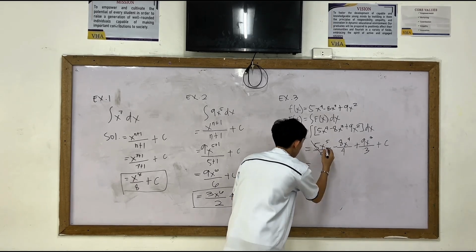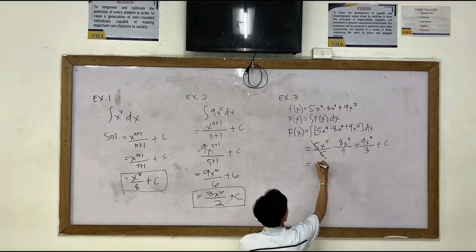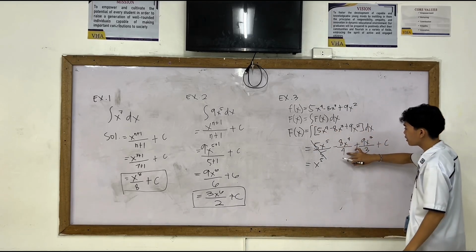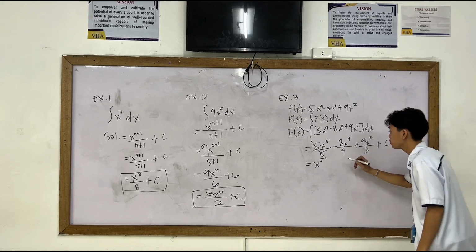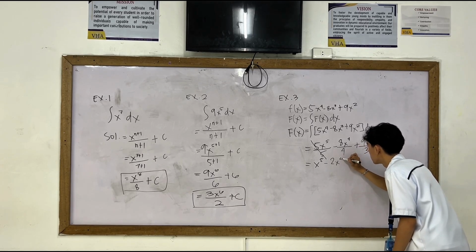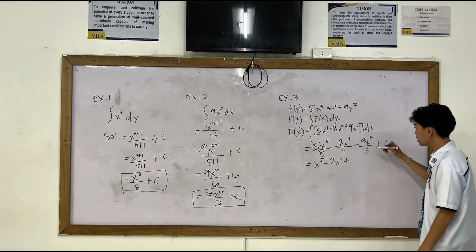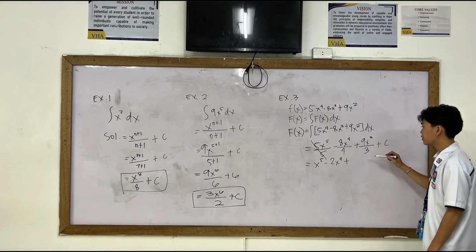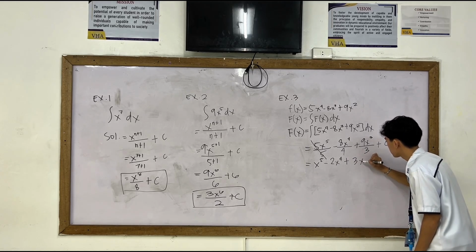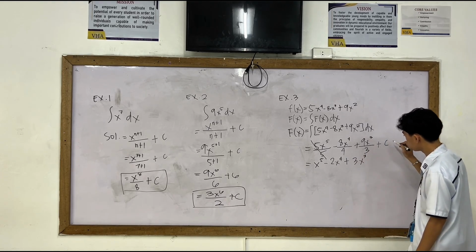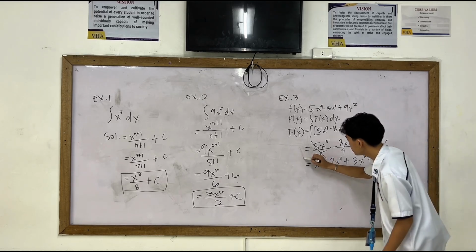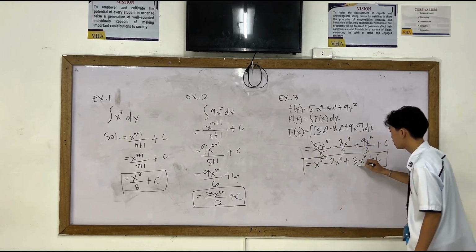So it will become x raised to 5, and then 8 divided by 4 will be equal to 2x raised to 4 plus, and then 9 divided by 3 will be equal to 3x cubed. And then let us not forget the constant of integration. So this will be your final answer.